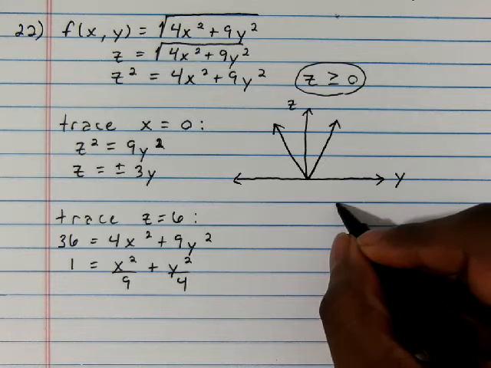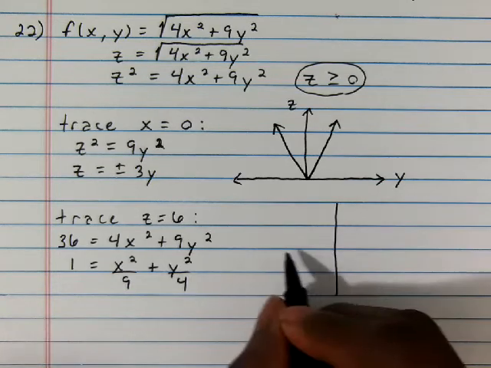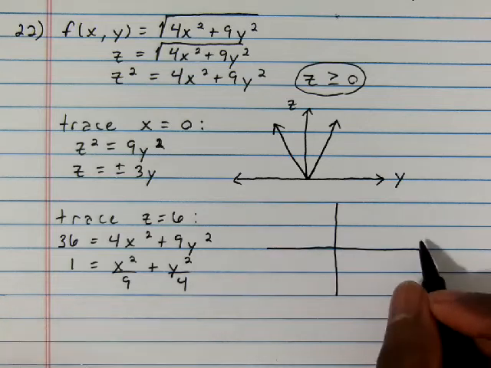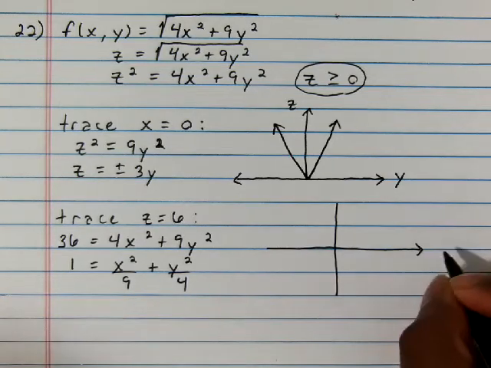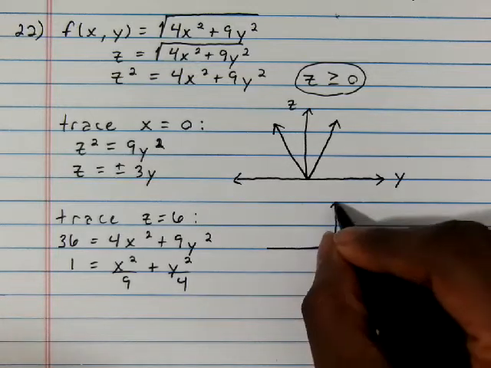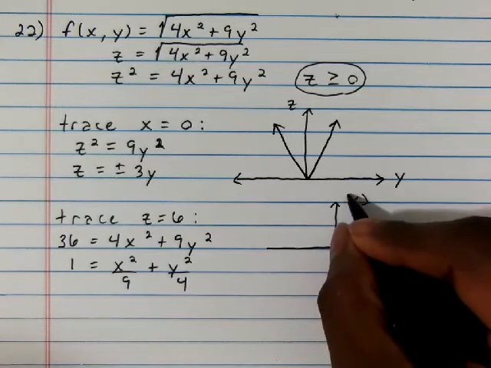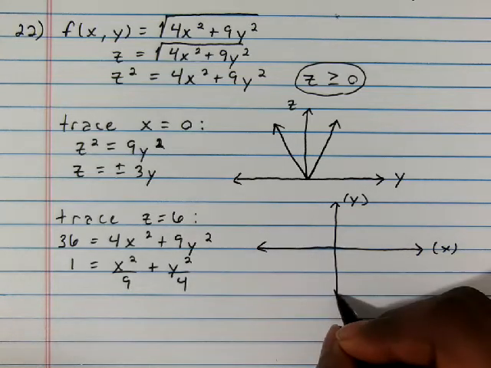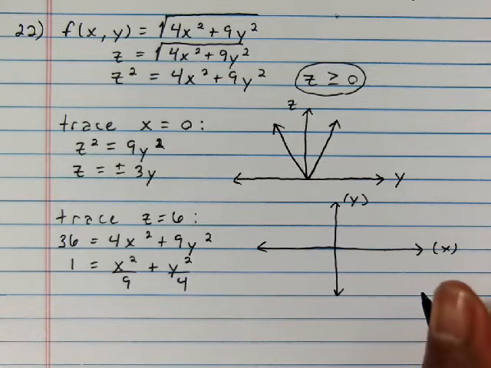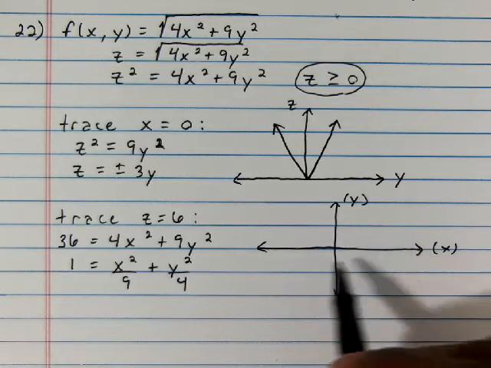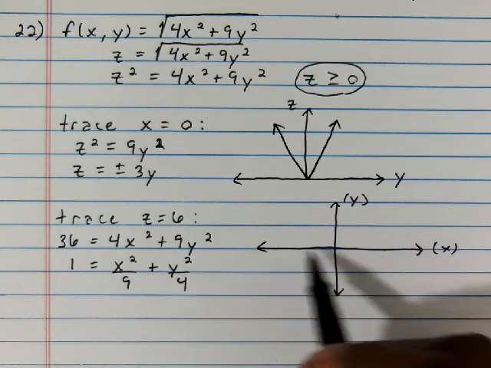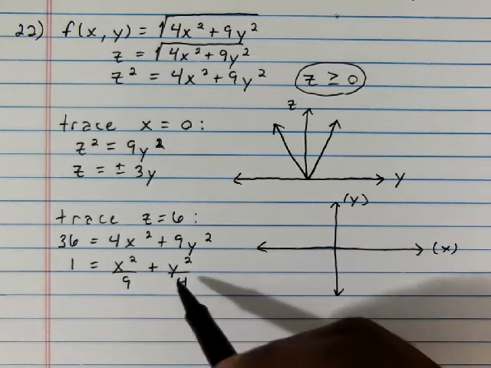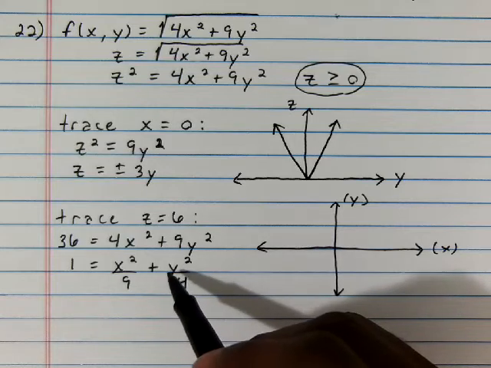All right, so now let's sketch this. And we're not actually in the XY plane, so we'll put little parentheses there and there, because we're actually in the plane z equals 6. If you want to know what this thing looks like, which way it's elongated in the x direction or y direction, I just take x equals 0 and y equals 0 and plug those in.